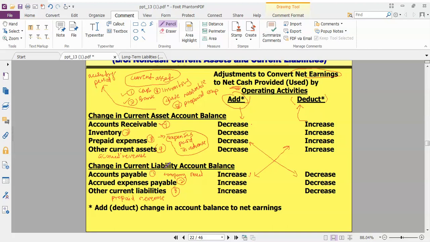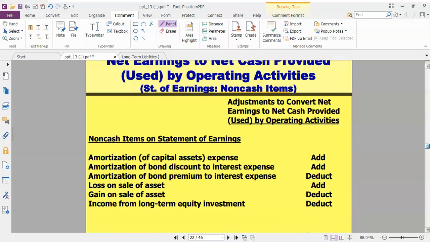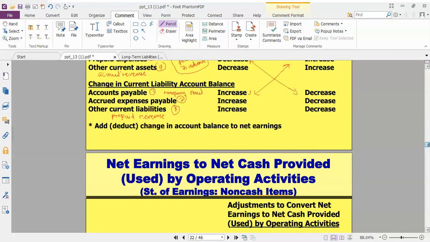But for accounts receivable, the customer has an obligation to pay to us, to the company itself. Okay, that is the difference between current assets and current liabilities.